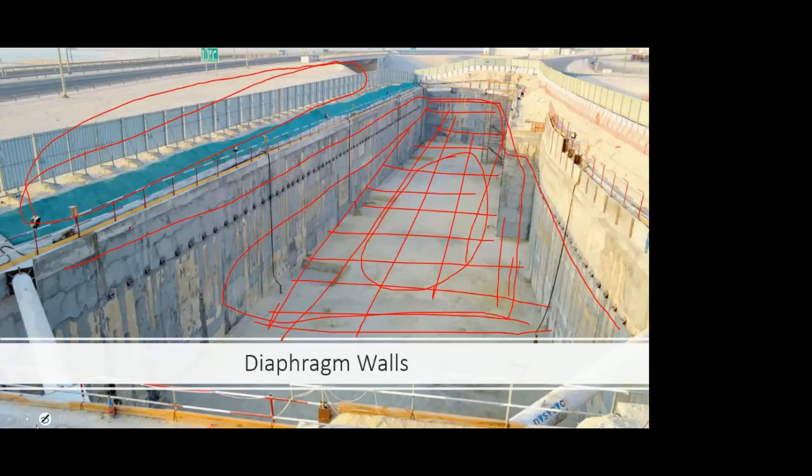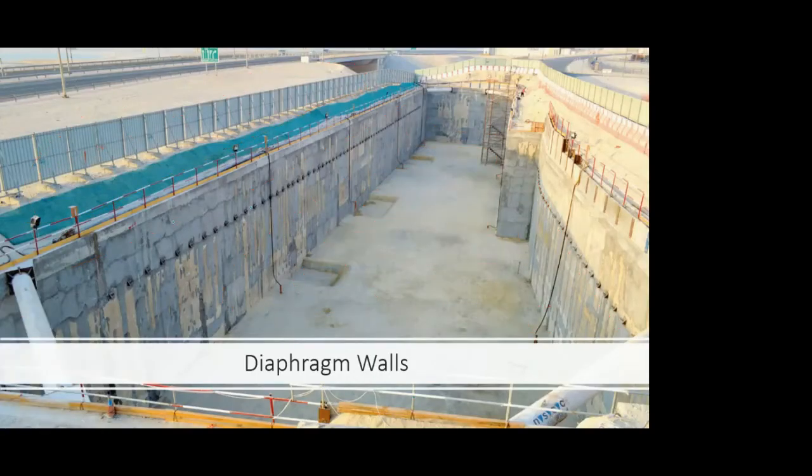So in this figure, if you look closely, this diaphragm wall was also constructed in panels. So maybe this is the panel size. First you excavate this much, you fill in the bentonite slurry, you put in the reinforcement cage, and then you concrete it.